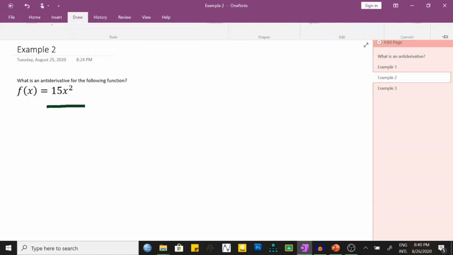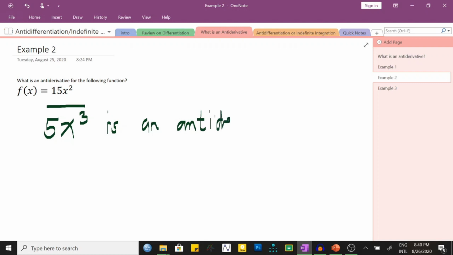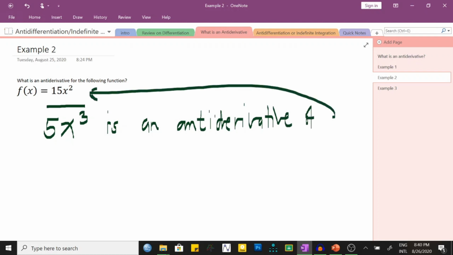So simply write it again here. We have 5x cubed. So 5x cubed is an antiderivative of that function. Why again?